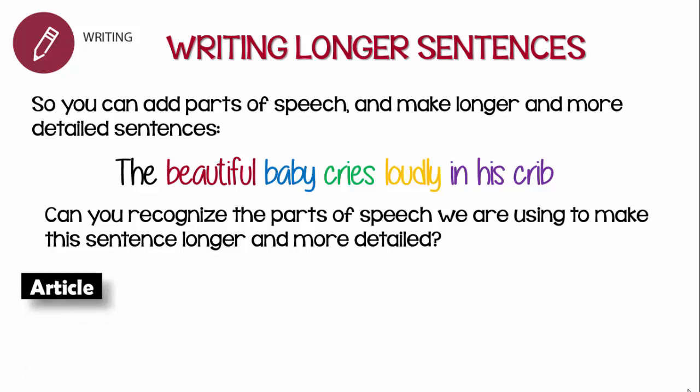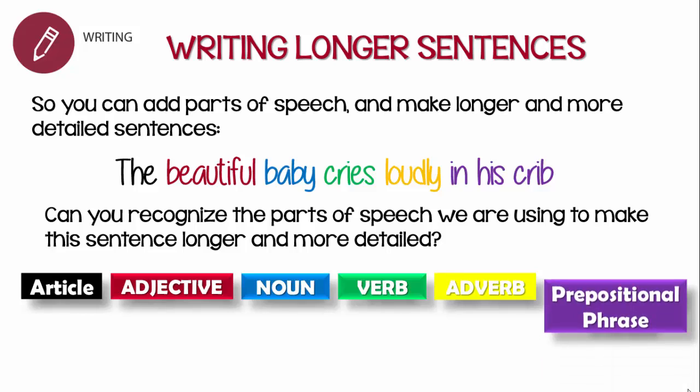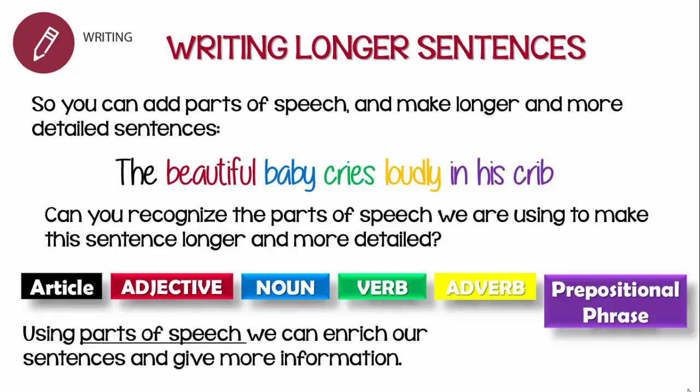We have an article, an adjective, a noun, a verb, an adverb, and a prepositional phrase. Remember that prepositional phrases begin with a preposition, in this case, in. So, using parts of speech, we can enrich our sentences and give more information.